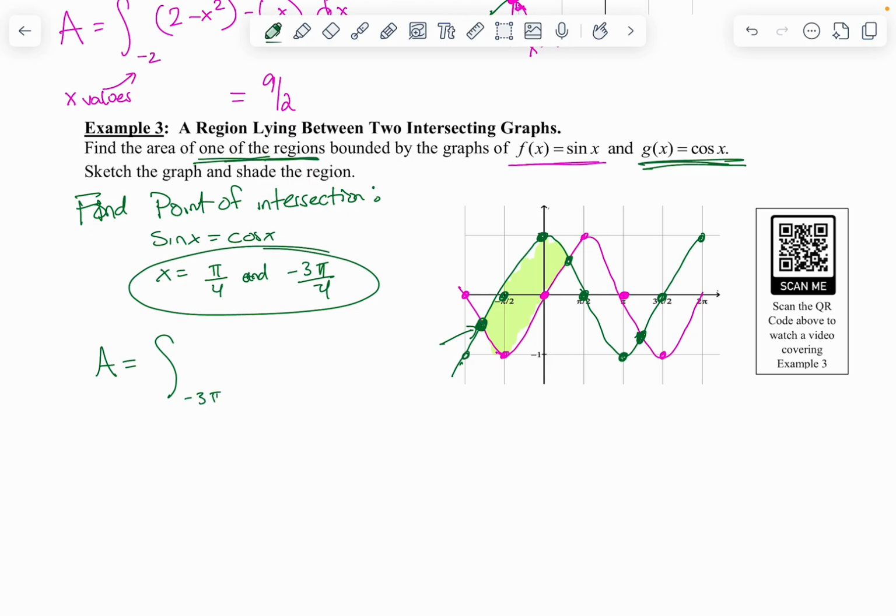You're going from negative 3 pi over 4 to pi over 4 of the top function, right? When you draw your vertical slab right here, the top function is the green function, which is cosine of x, minus the bottom function, which is sine of x.